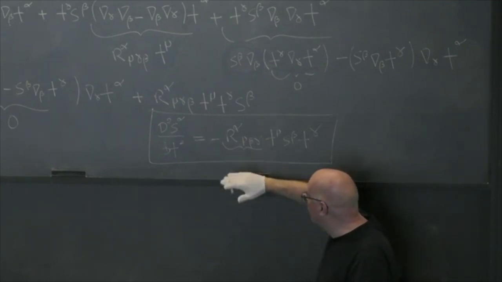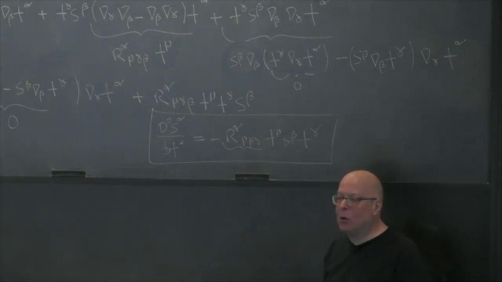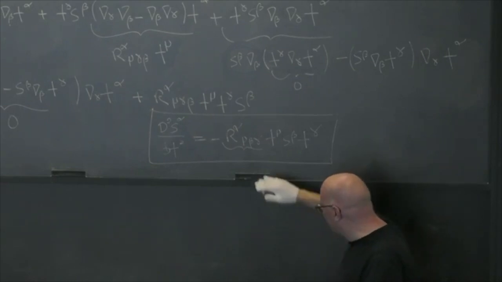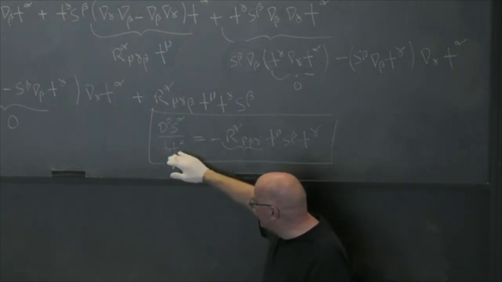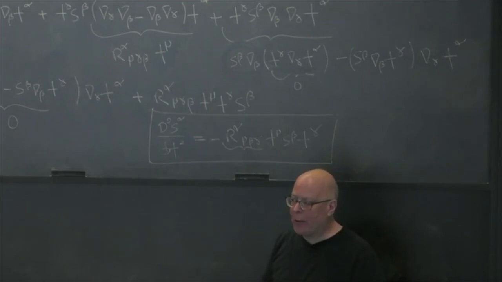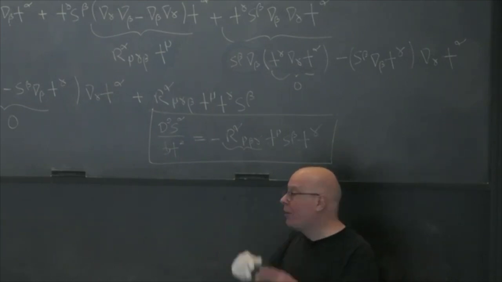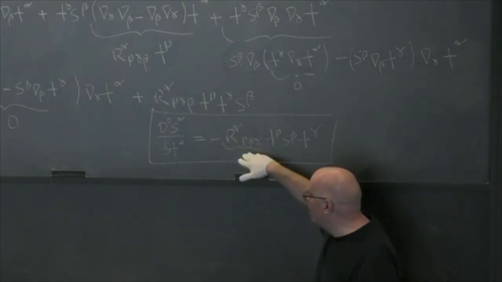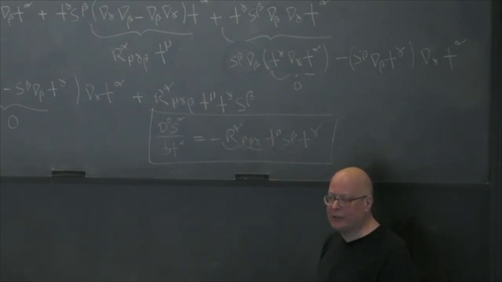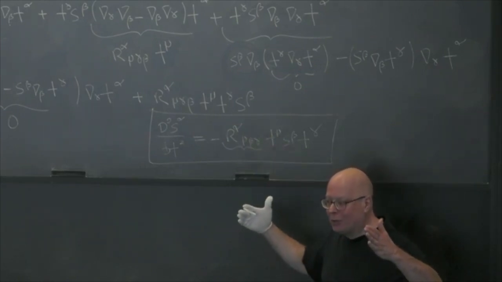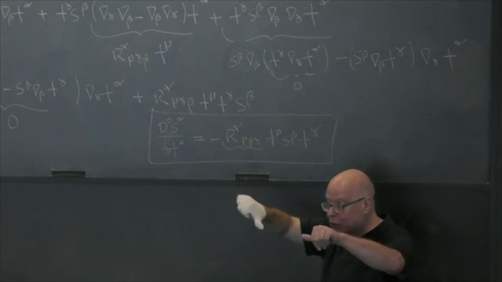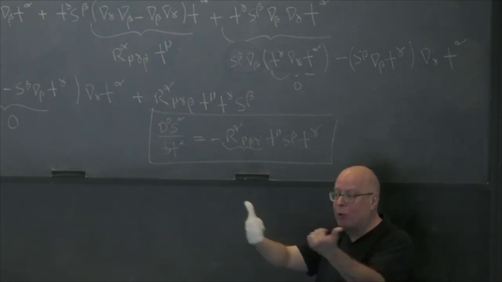In a curved manifold, in a curved space-time, we have a non-zero Riemann tensor, and that automatically gives us a non-zero acceleration. The sign of the acceleration will depend on the sign of the relevant components of the Riemann tensor. So it either can be an acceleration that pushes closer together, or pushes them apart.